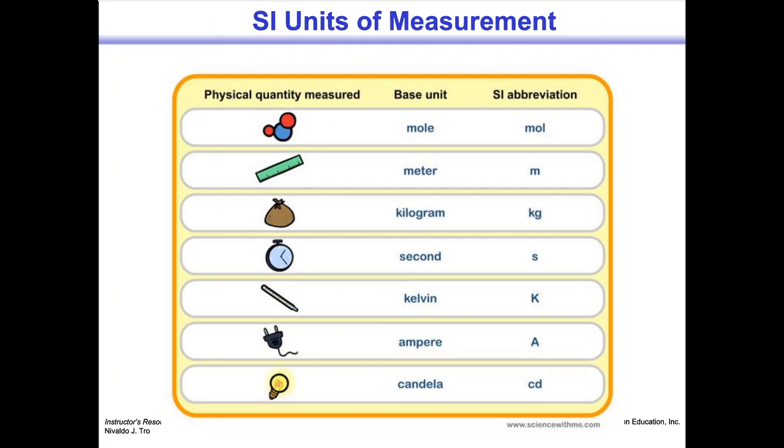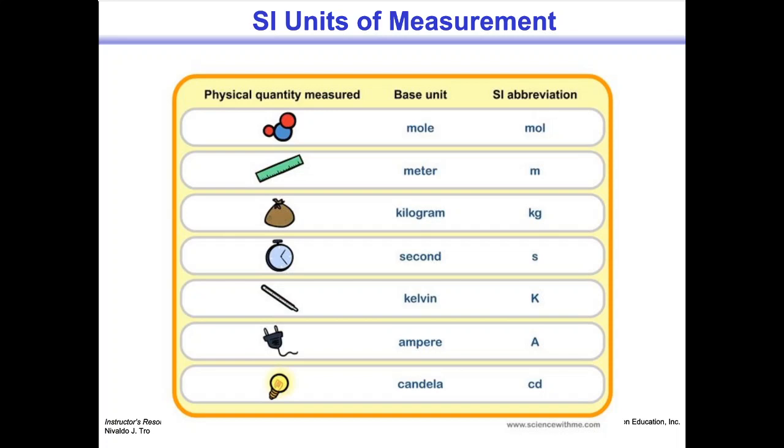Okay, so just some basic SI units here. The first one is mole, abbreviated mol, which tells us how many of something we have. So I can have 1 mole of something, and we'll talk about what exactly a mole is in a little bit. For length, we're going to use the meter, abbreviated little m. For mass, we'll use kilogram, abbreviated kg.